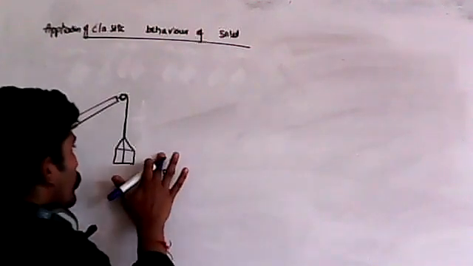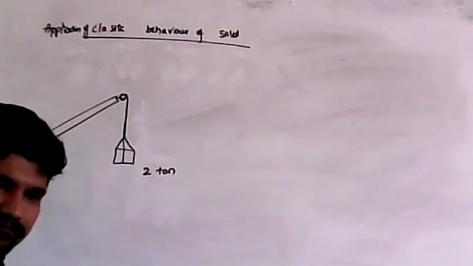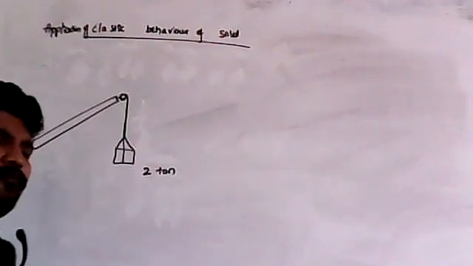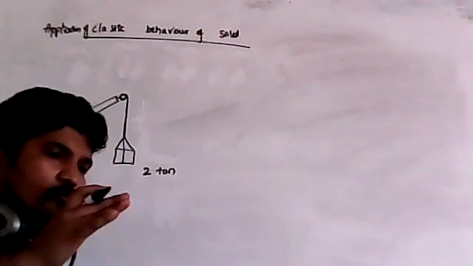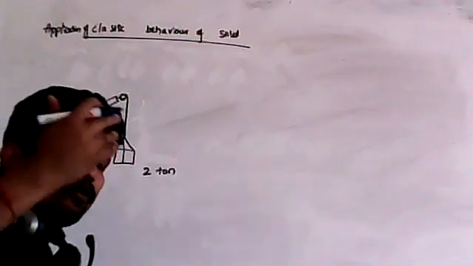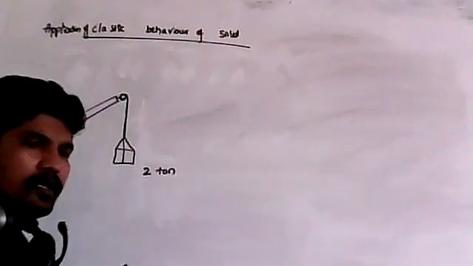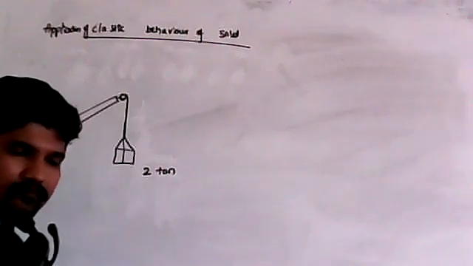What will happen in this case? Yes, good, Anirudh. It is our common sense: if I apply a load beyond the capacity on any material, it will get fractured. It may break.